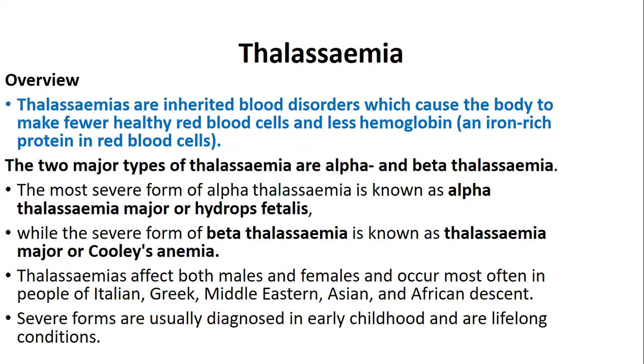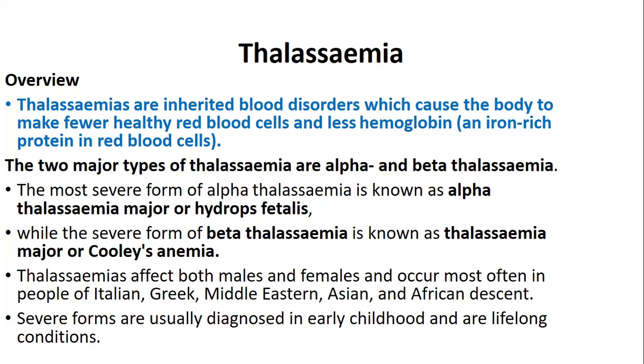So when there are fewer healthy red blood cells, the red blood cells do not have healthy hemoglobin as well. We know hemoglobin is the protein that carries oxygen, so the oxygen carrying capacity, just like in any other type of anemia, is also affected.